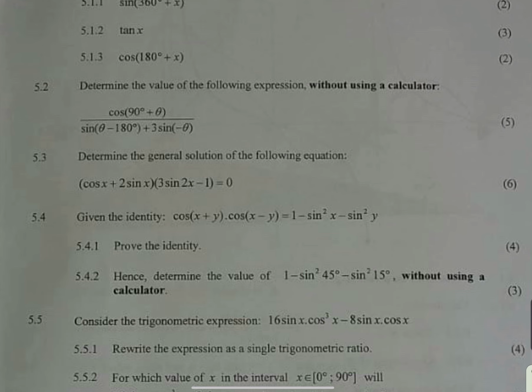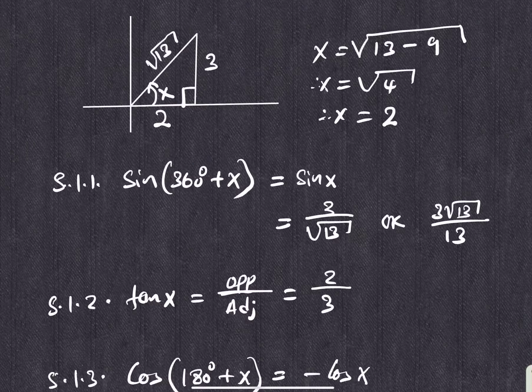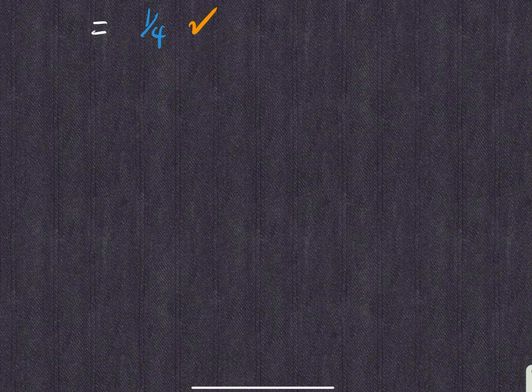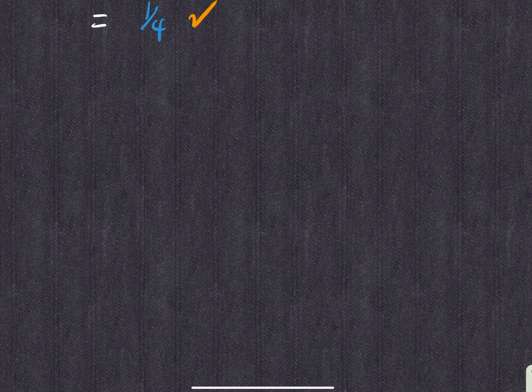5.3, determine the general solution of the following equation: cos x plus 2 sine x, into 3 sine 2x minus 1, is equal to 0. Let's see how far we can go with this one. We want to find the general solution.